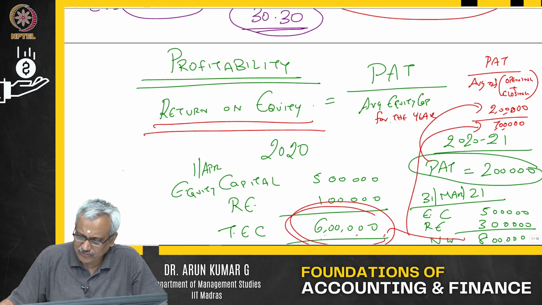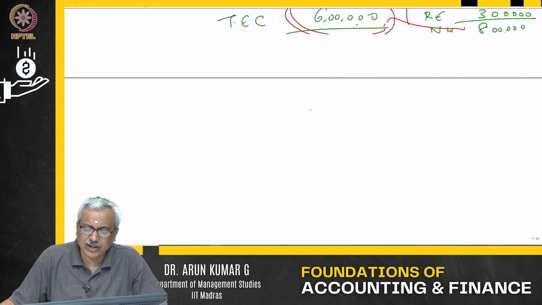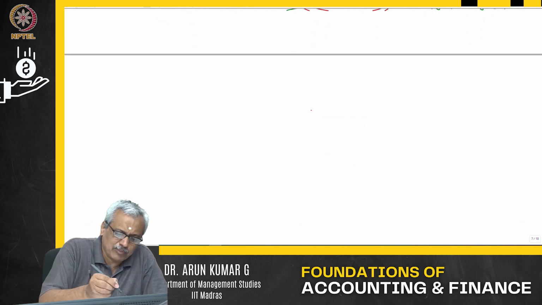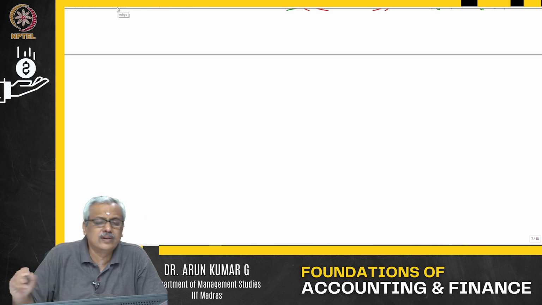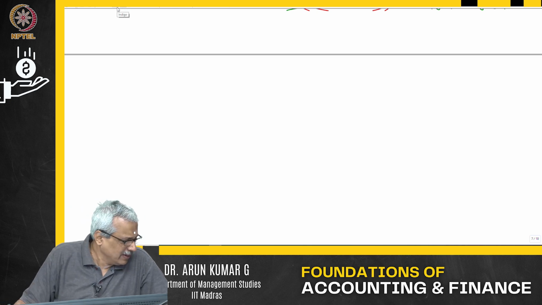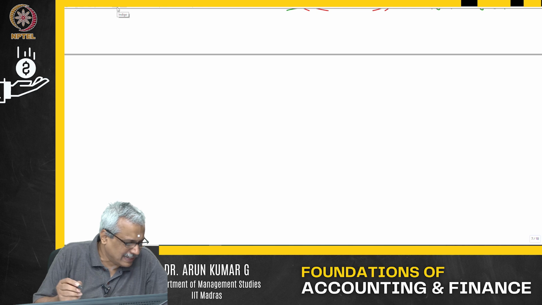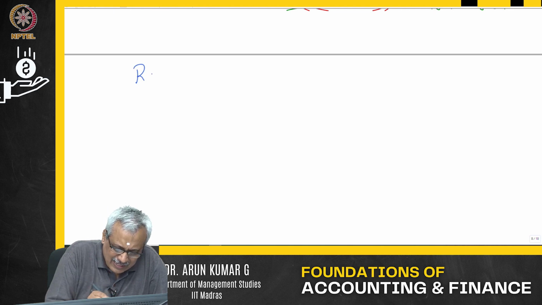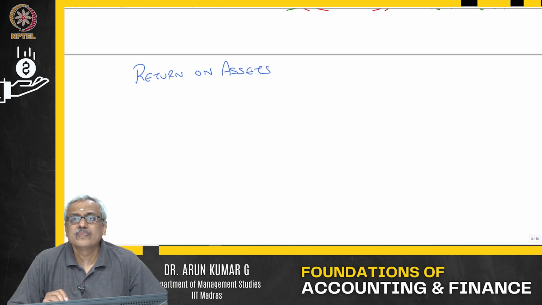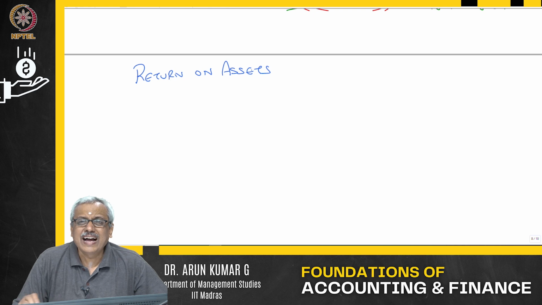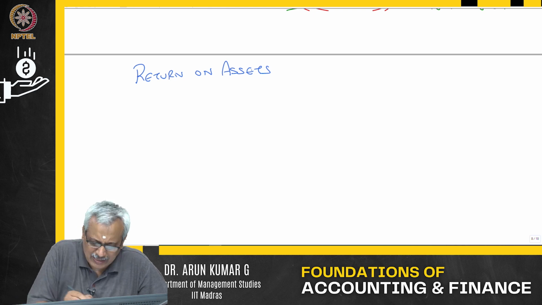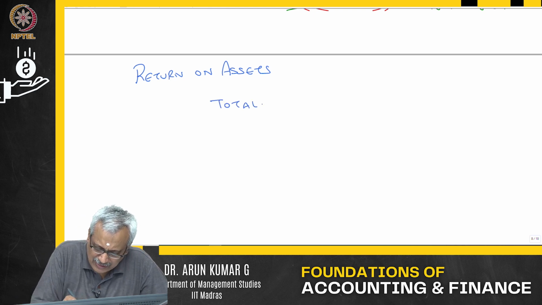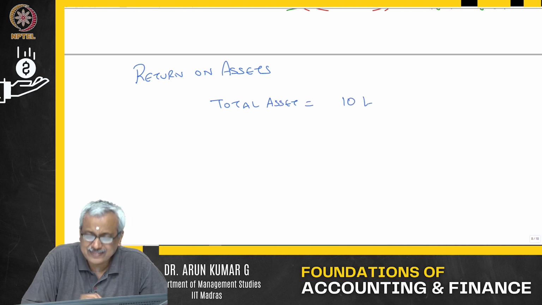Now, going further on the profitability part, I would move a couple more notches. We look at what is called the return on assets. Imagine I have an asset base, my total assets in my company, of about say 10 lakhs.